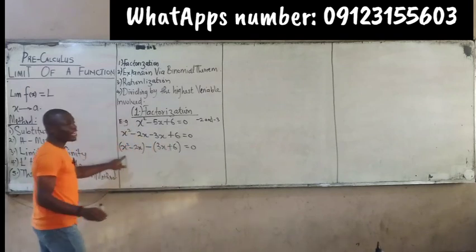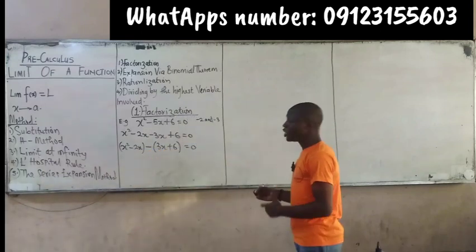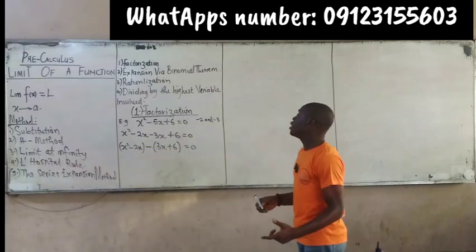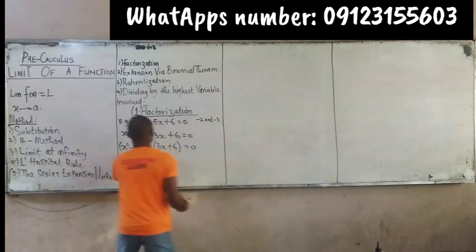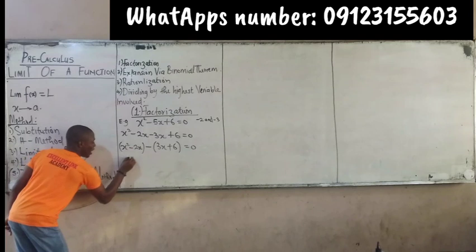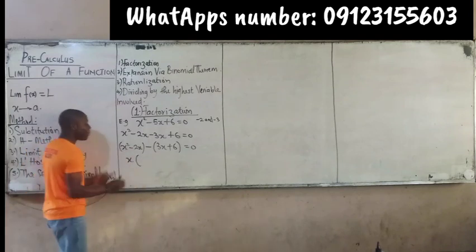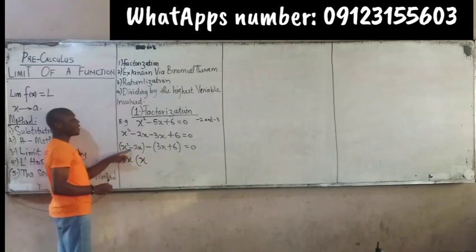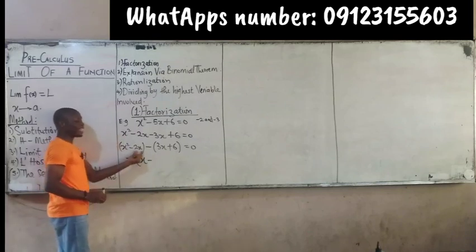Next, look at the terms that are common in each bracket. Bring out the common term from each bracket. The common term here is x. x divided into x squared leaves x. It's a minus sign, of course. x divided into 2x leaves just 2.